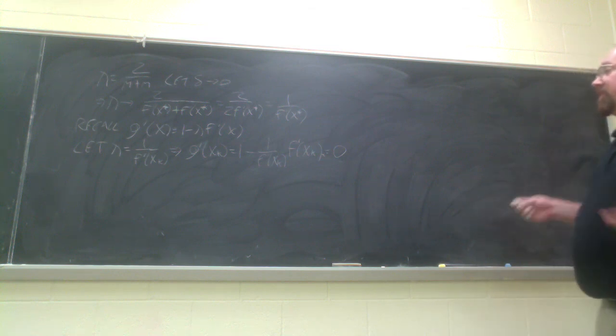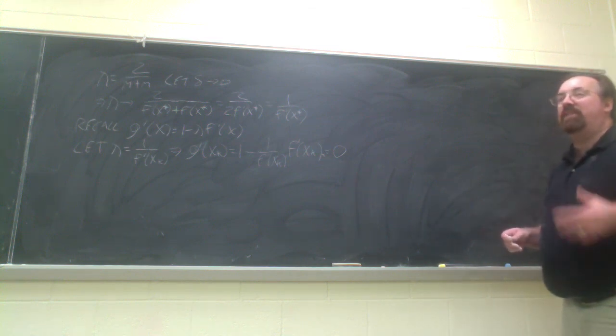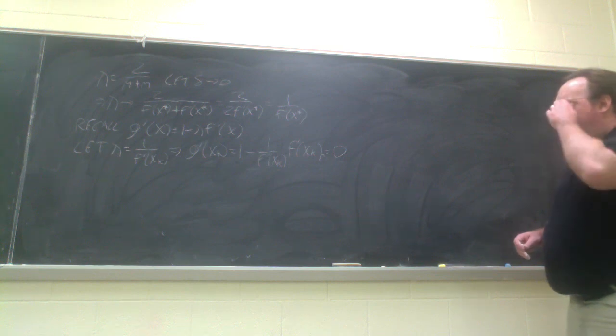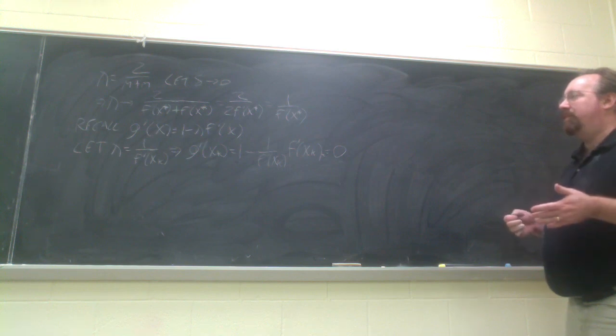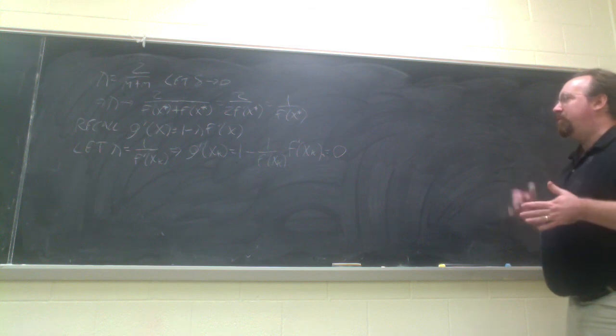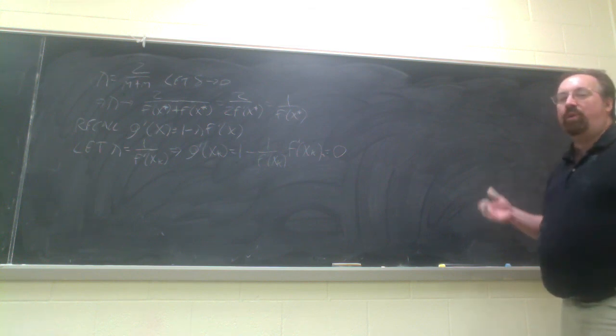We would like for G prime to be 0 because that is what gives us quadratic convergence. And as we try to pick a best possible lambda to make the derivative of G as small as possible, we see that as the iteration converges, lambda appears to be approaching 1 over the derivative at the fixed point anyway.